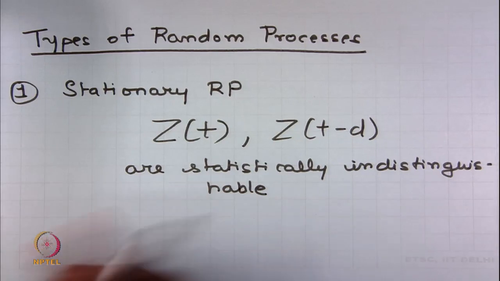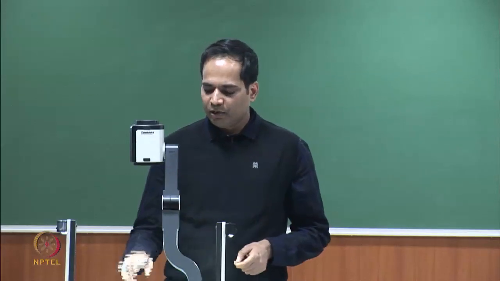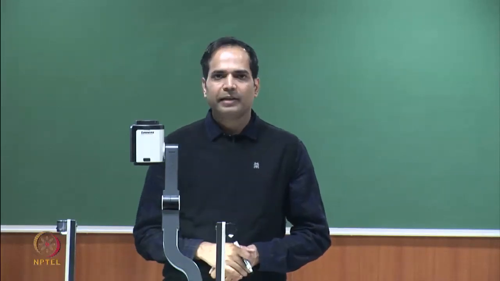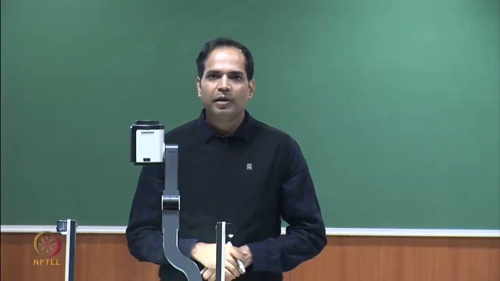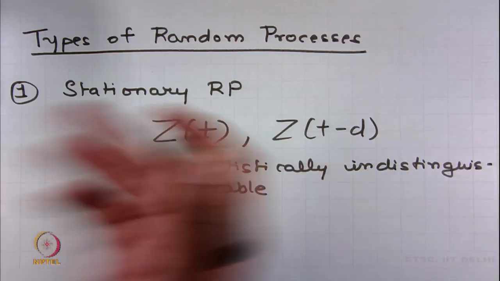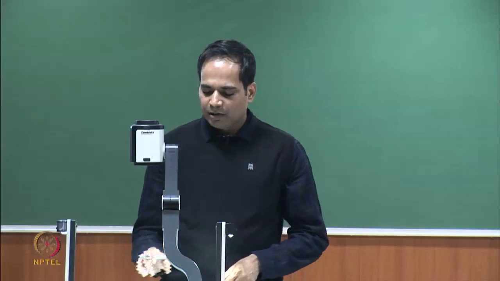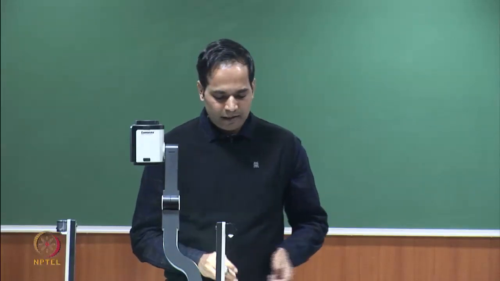That means you take a random process, you delay it by any time units you want, and the process that you create is statistically indistinguishable from the original process. If that is the case, then the random process involved is known as a stationary random process. That means it does not care where your time origin is, what your value of t is. Such processes are known as stationary random processes.